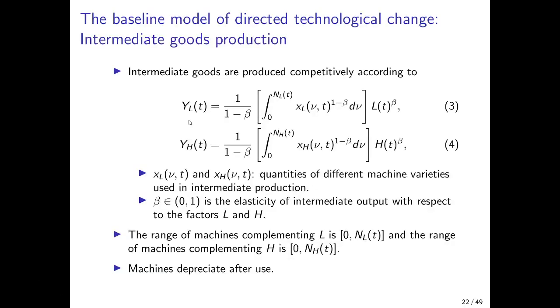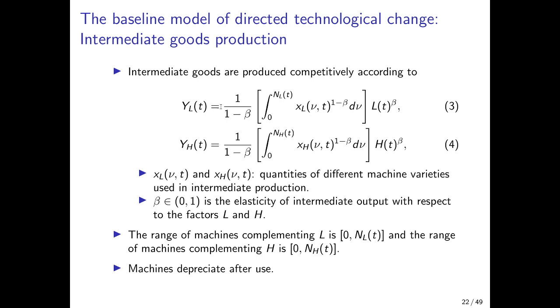Next, we have the intermediate goods sector that produces the two intermediate goods needed for producing the final good in the end. Now, what do we have here? We have Cobb-Douglas production functions, where these intermediate goods are produced with the corresponding machines.